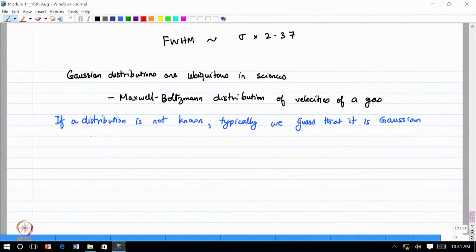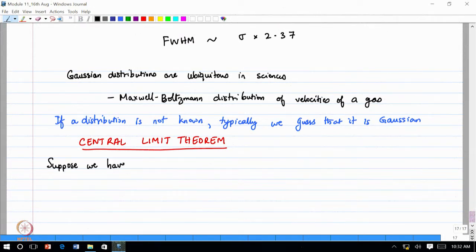So, the central limit theorem says that suppose we have variables x1, x2 up to xn.